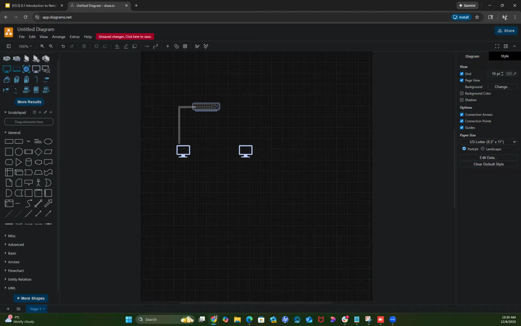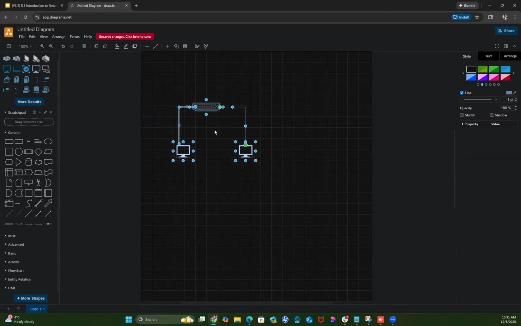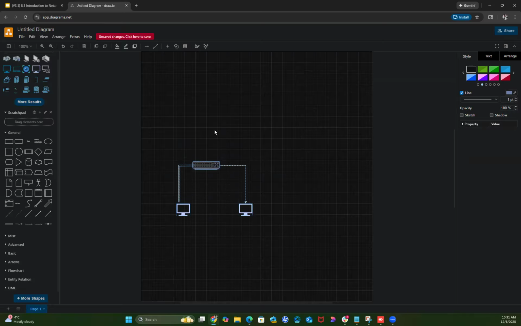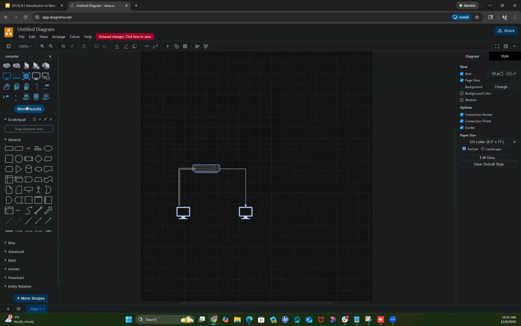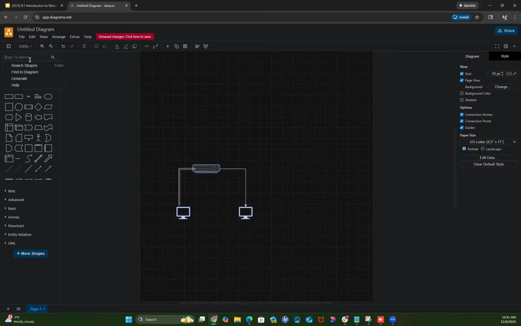And then in here connection, and then we write down in here we need a router.